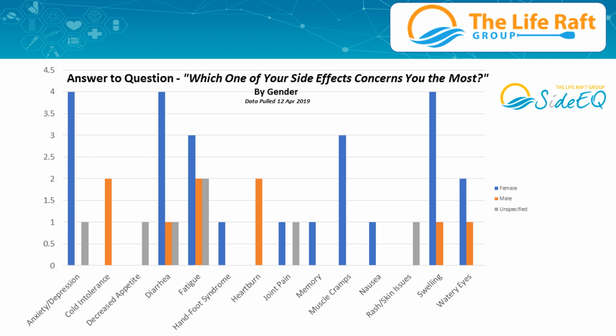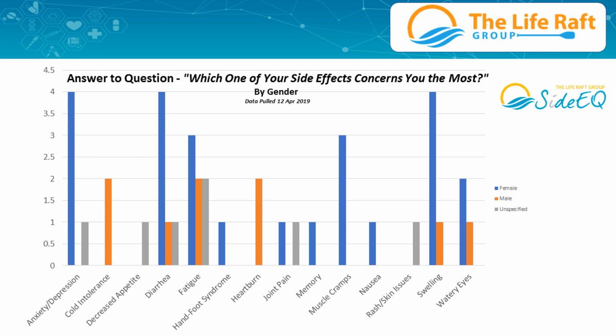If you look here, you'll see the blue is female, the orange is male, and the gray is unspecified. And you can see in a lot of cases, there are issues that females report being more of a concern, and then there are some issues that males report being more of a concern. So we're already seeing, again, in a very small subset, a differentiation in gender among side effects that are concerning. Okay, we're going to follow that and see if that's the case.